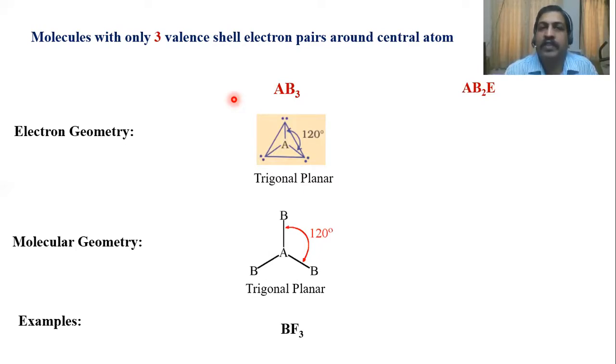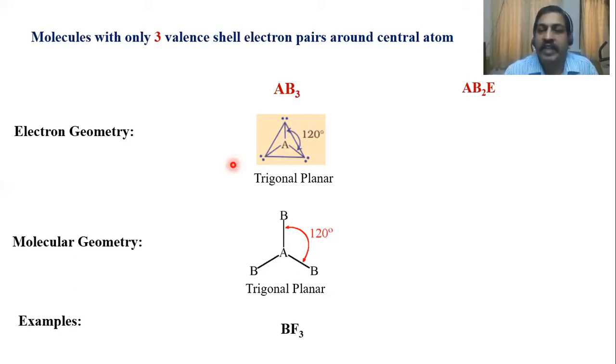The repulsions between them will be minimum when the three electron pairs occupy the three corners of an equilateral triangle. The central atom will be at the center of the triangle and the angle between any two electron pairs is 120 degrees. So this geometry is described as trigonal planar. The electron geometry for an AB3 type molecule is trigonal planar.